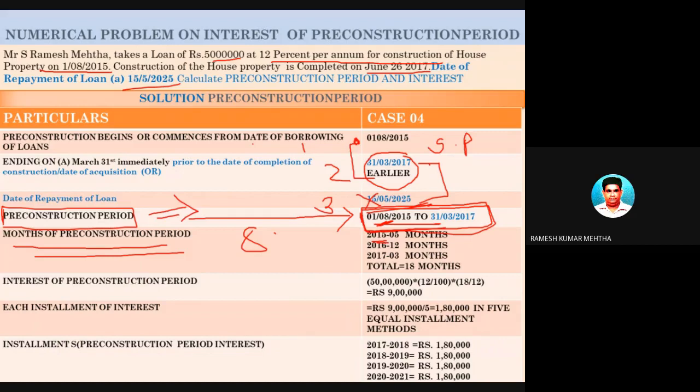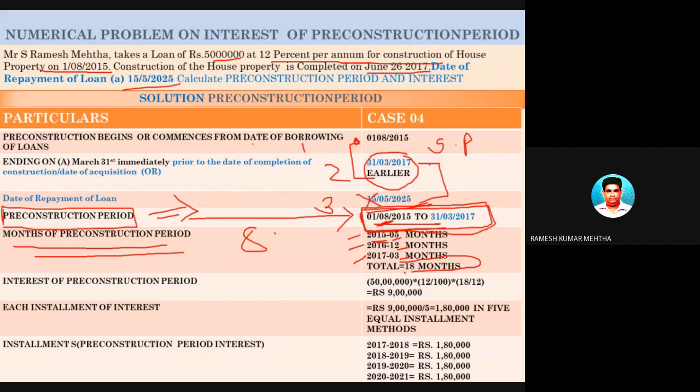Calendar year 2016, 12 months. Calendar year 2017, there are 3 months because January, February, and March. So 5 months plus 12 months plus 3 months, total 18 months duration in the pre-construction period.